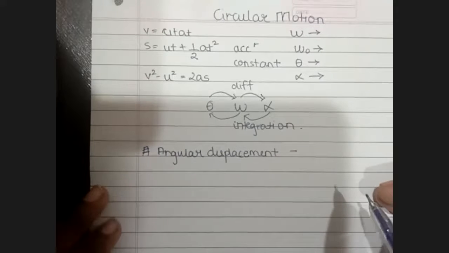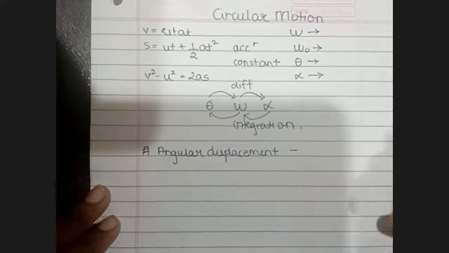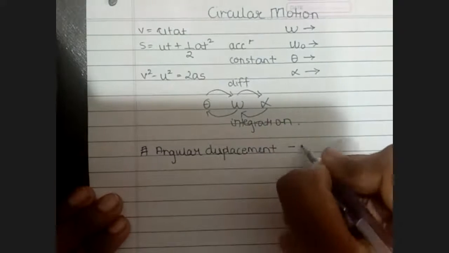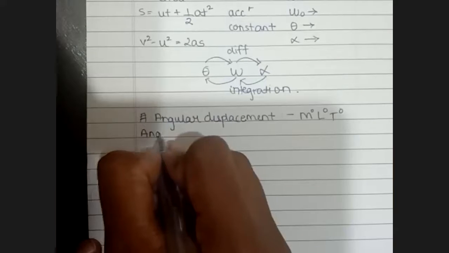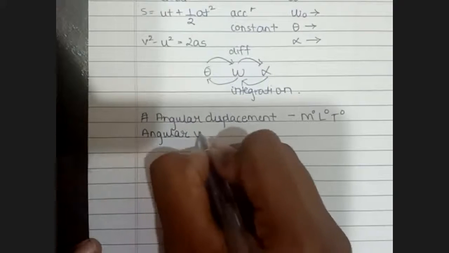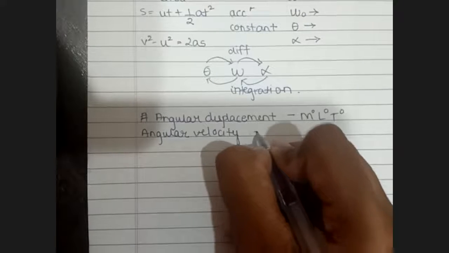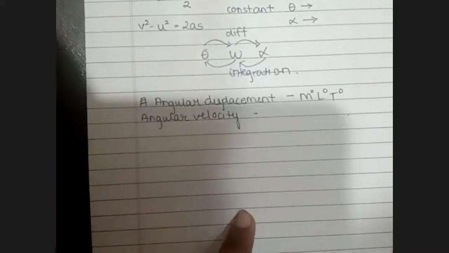And for this, we always use the right hand thumb rule. Its dimension is written as velocity. It is a vector quantity and angular parameters.